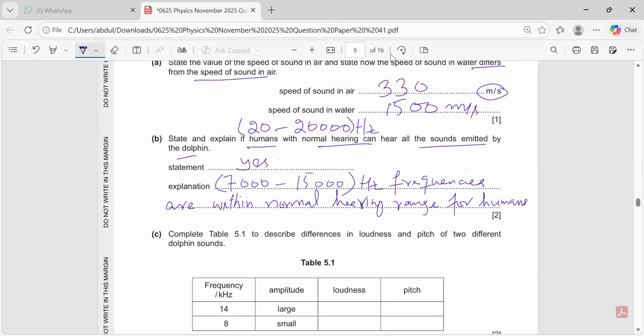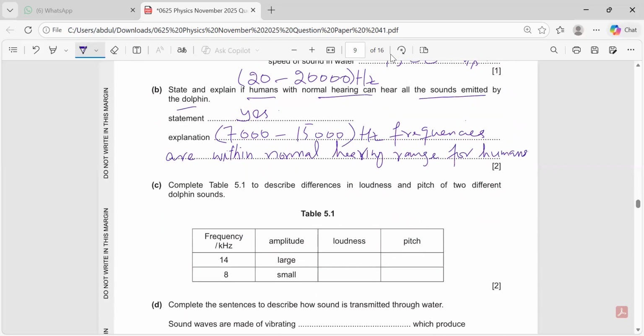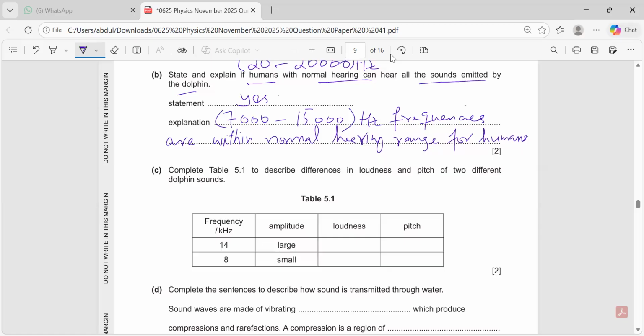Very simple question. Now come, complete Table 5.1 to describe the differences in loudness and pitch of two different dolphin sounds. Frequency in kilohertz 14, amplitude large, so loudness will be high, higher. Pitch, because frequency is higher, so pitch will also be high. You can write higher.